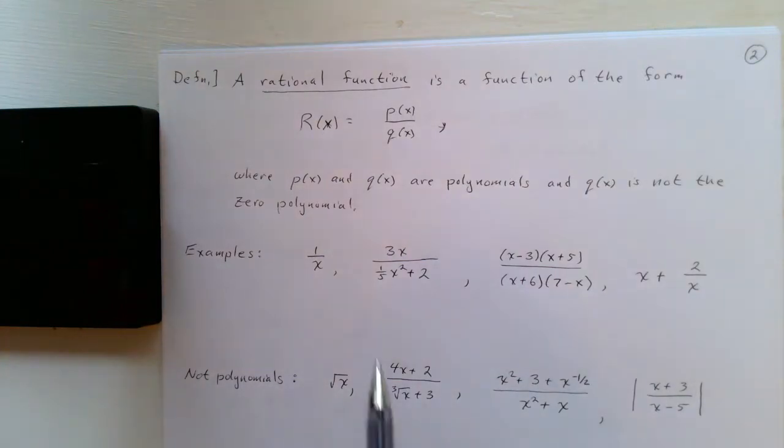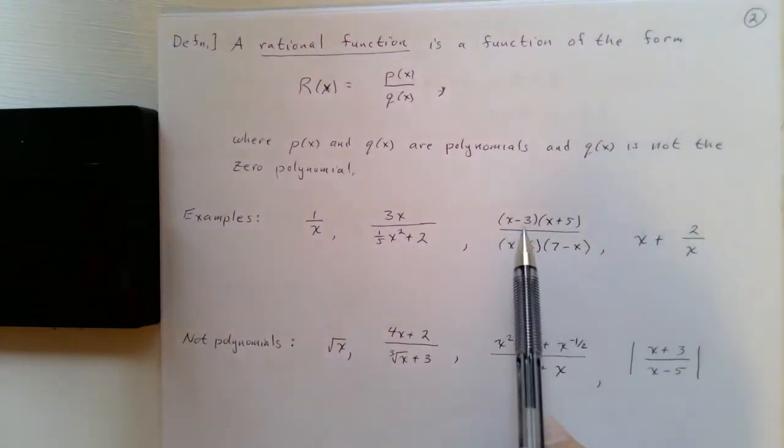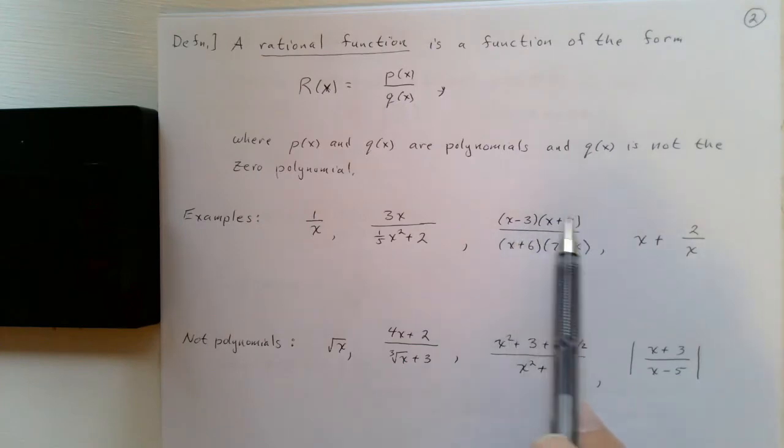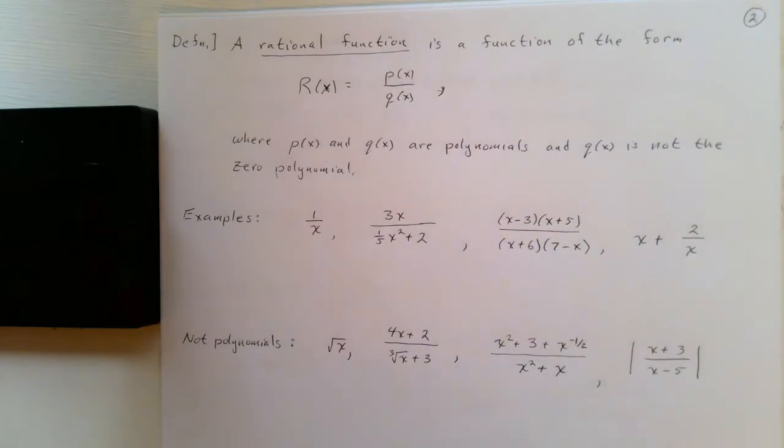So here are some examples. 1 over x, 3x over 1/5 x squared plus 2. Sometimes the rational function will be in different forms. For example, we know that x minus 3 times x plus 5 will be a polynomial.